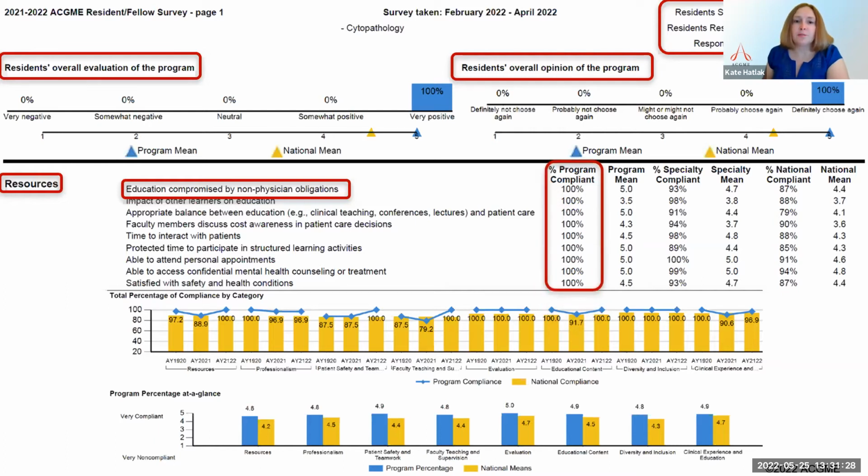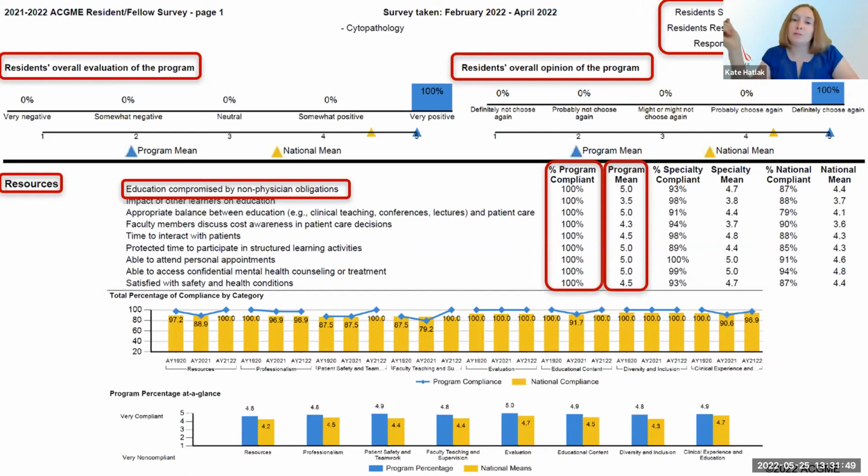And then here you're going to get percent program compliant and program mean. So most questions have a scale from 1 to 5, and the value of the scale, from like never to very often, or very bad to very good, etc., will change based on the question, but there are 5 options.